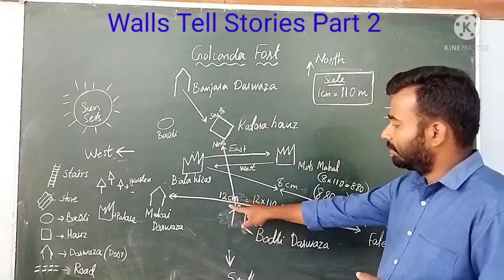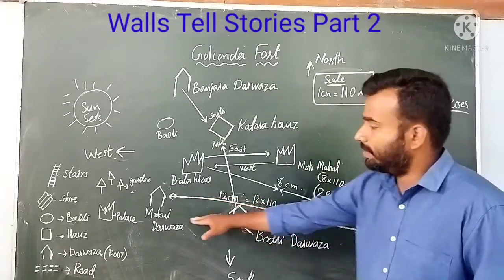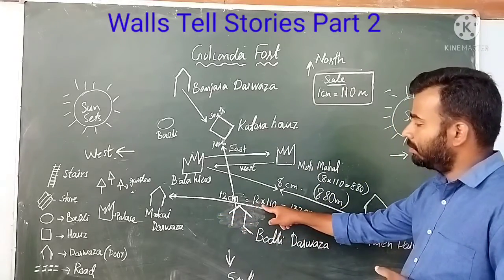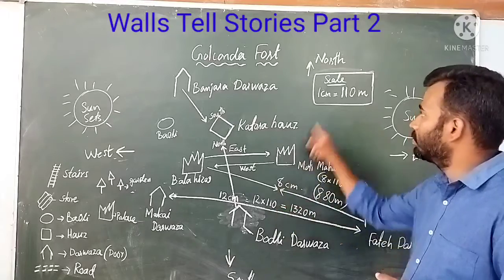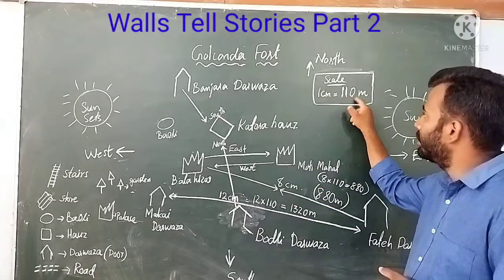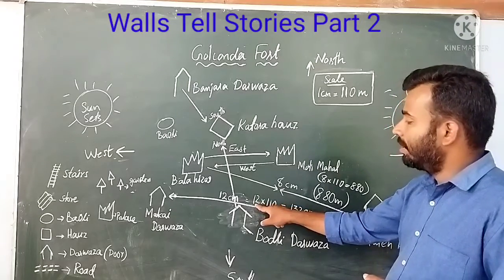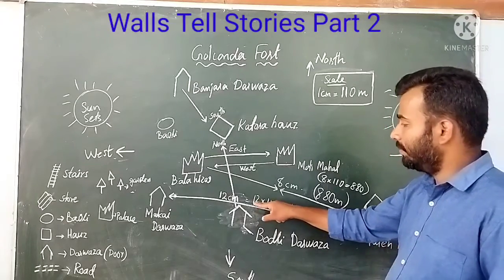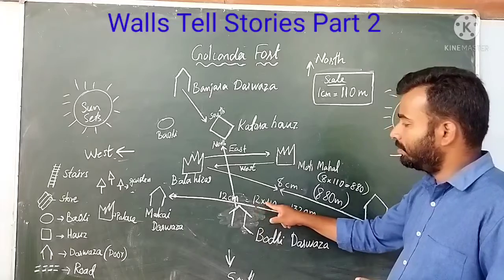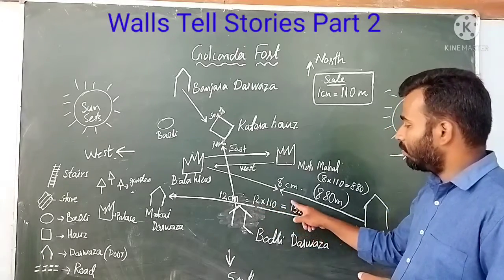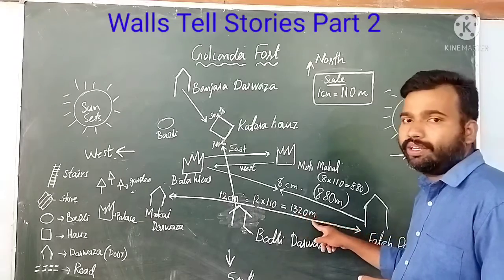If 12 centimeter is between Makai Darwaza and Fateh Darwaza, then 12 into 110, because 1 centimeter is equal to 110 meter. When 12 centimeter is converted into meters, you multiply 12 into 110, which gives the distance of 1320 meter.